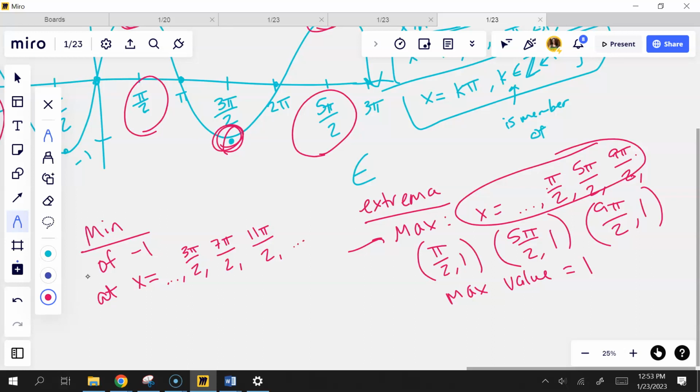Is it every other odd number? Yeah, every other. If that's the way you understand it, yes. Because every odd would be 3, 5, not every other.